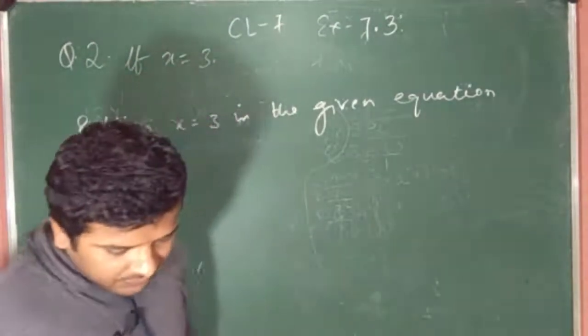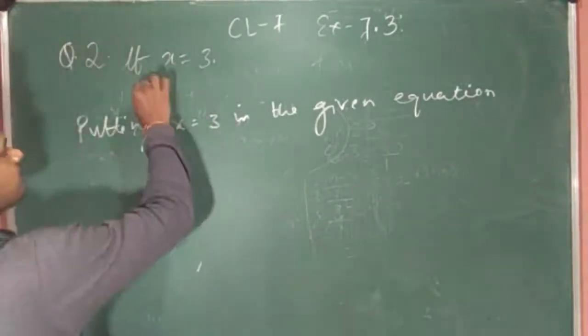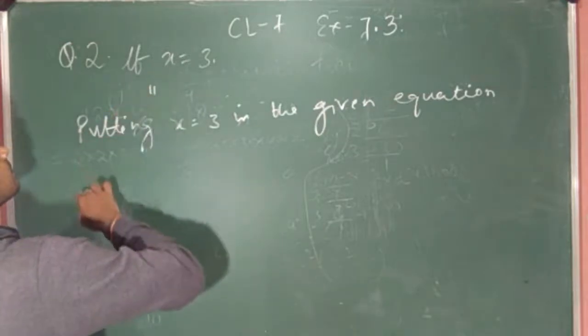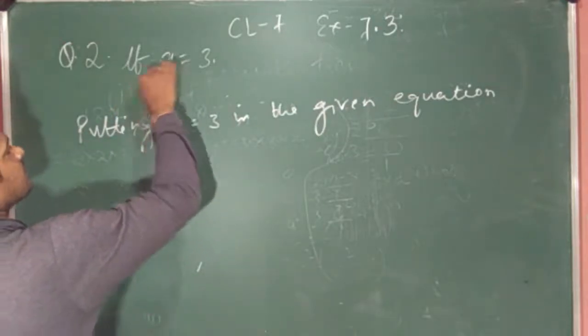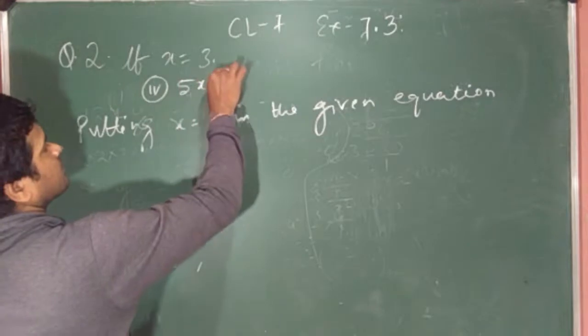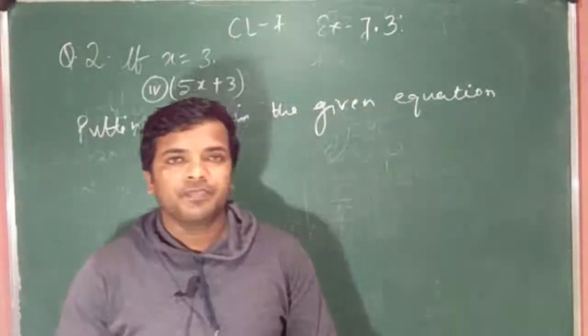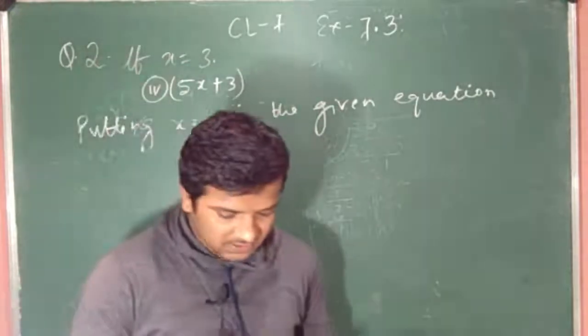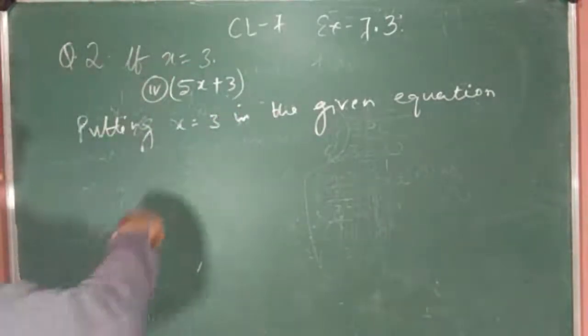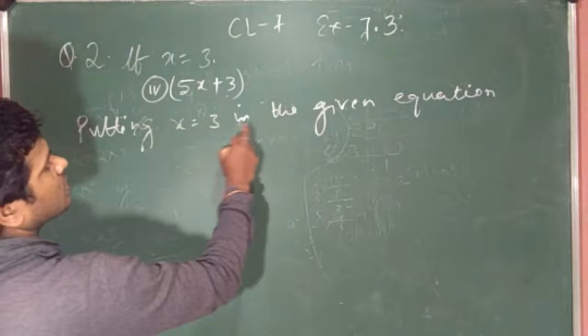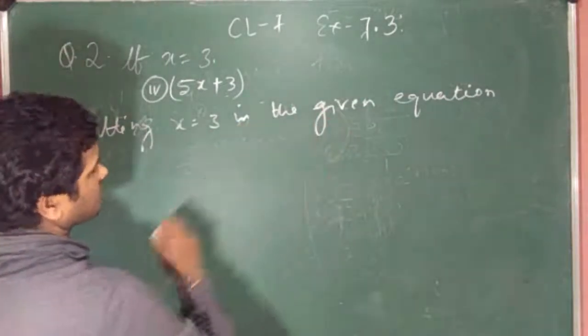Roman number 4 is 5x plus 3. So here also, putting x is equal to 3 in the given equation.